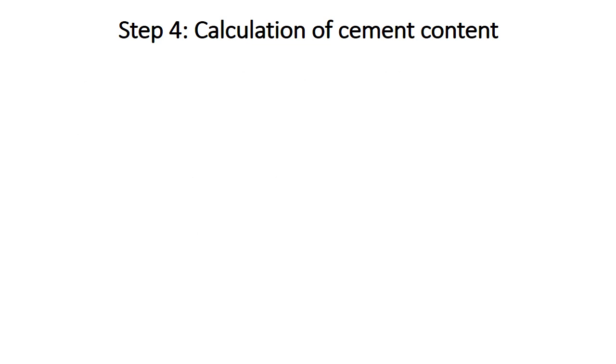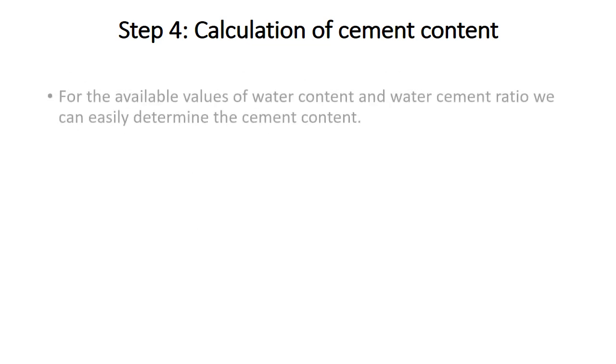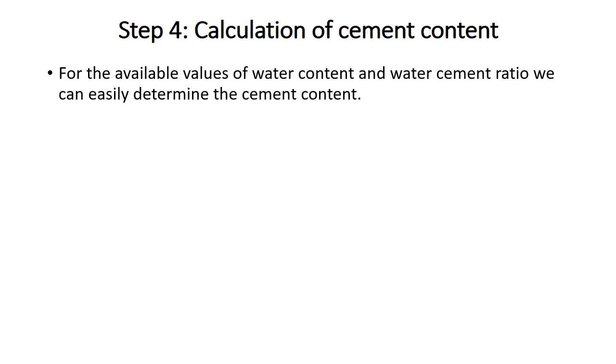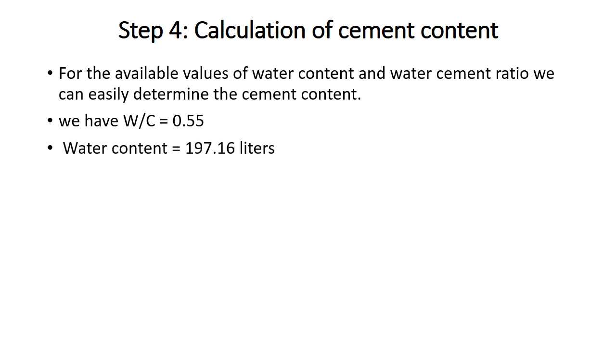Then step number 4 is the calculation of cement content. For the available value of water cement ratio, we have to determine the cement content. The water cement ratio is 0.55, and the water content value is 197.16 liters.